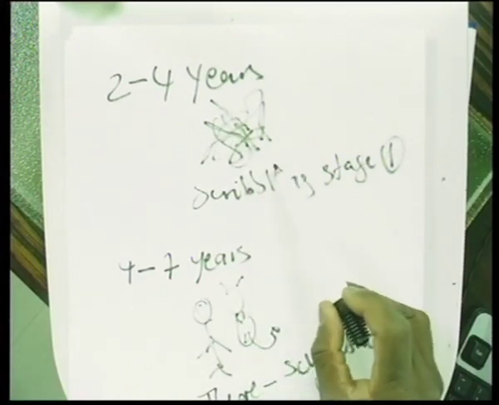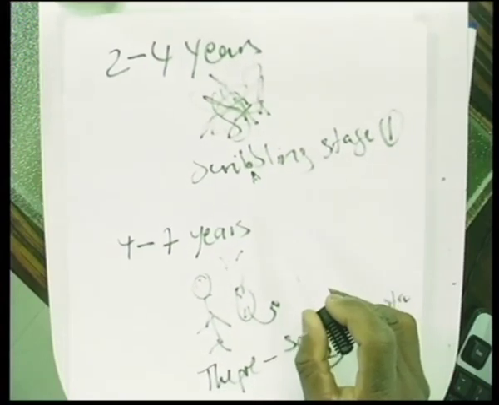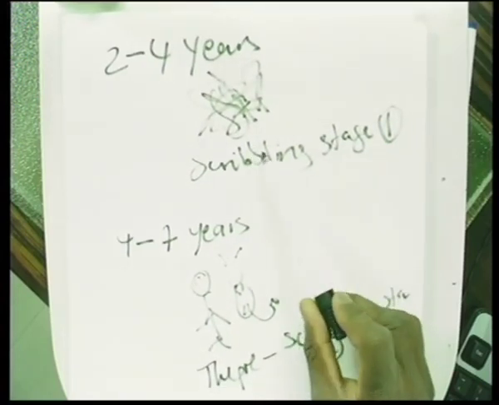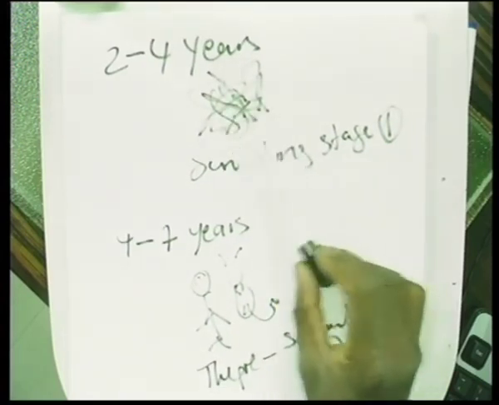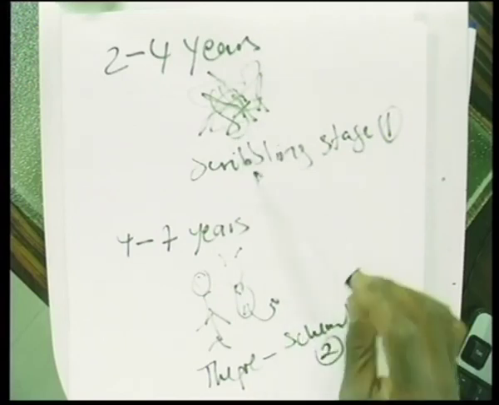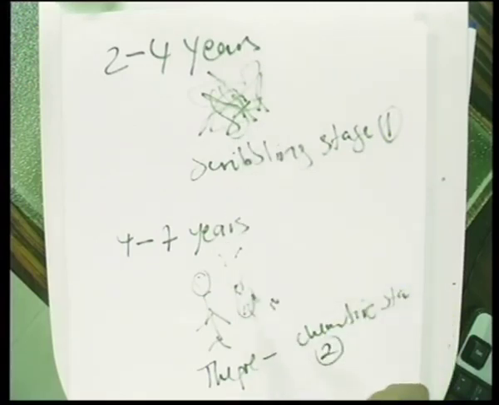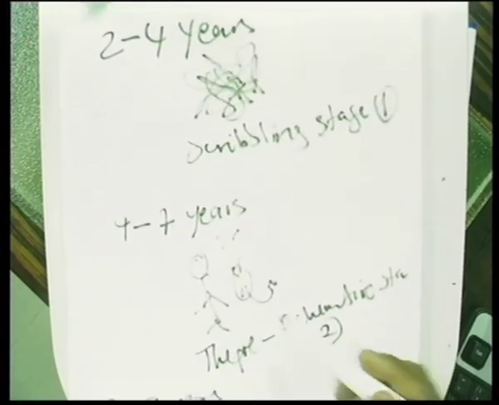In scribbling, it's just zigzag lines that are in the air, and in stage 2, it's figures, but still with no basements, just in the air.